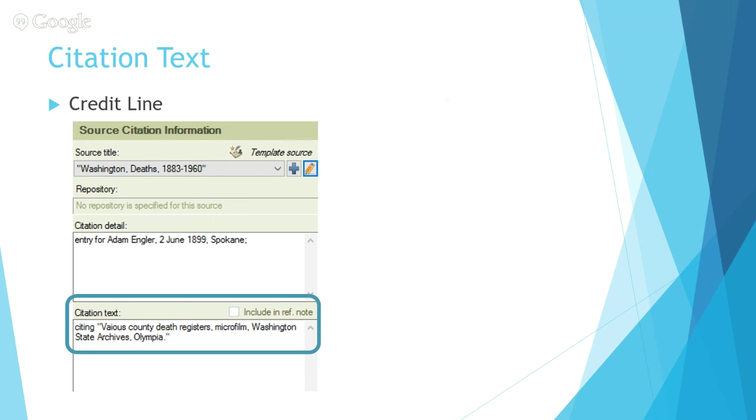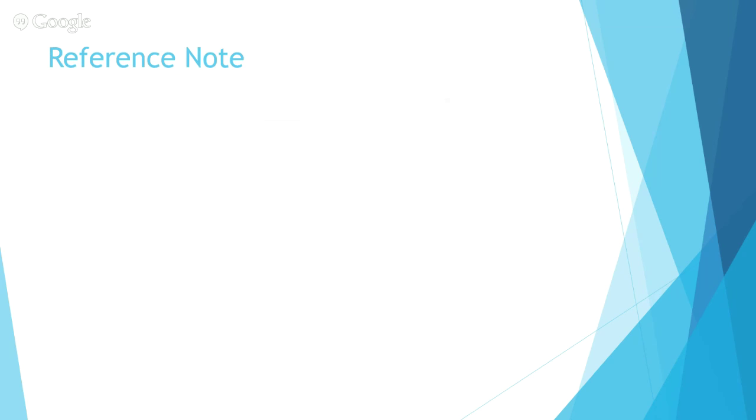So I put information like a film number, a frame number, and I'll show you an example of that in a minute. But I don't need to have that in the citation text because I want to get to the reference note.